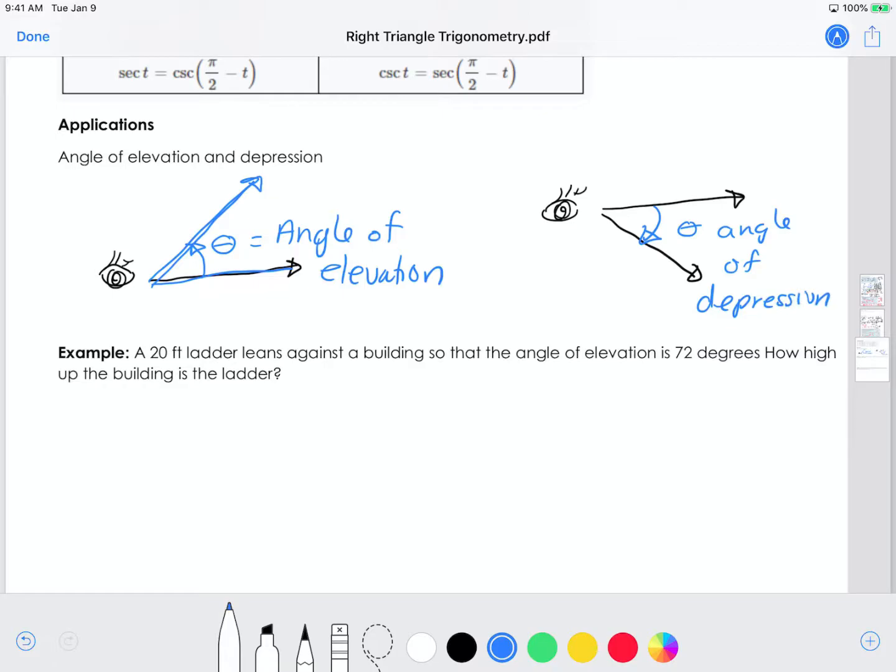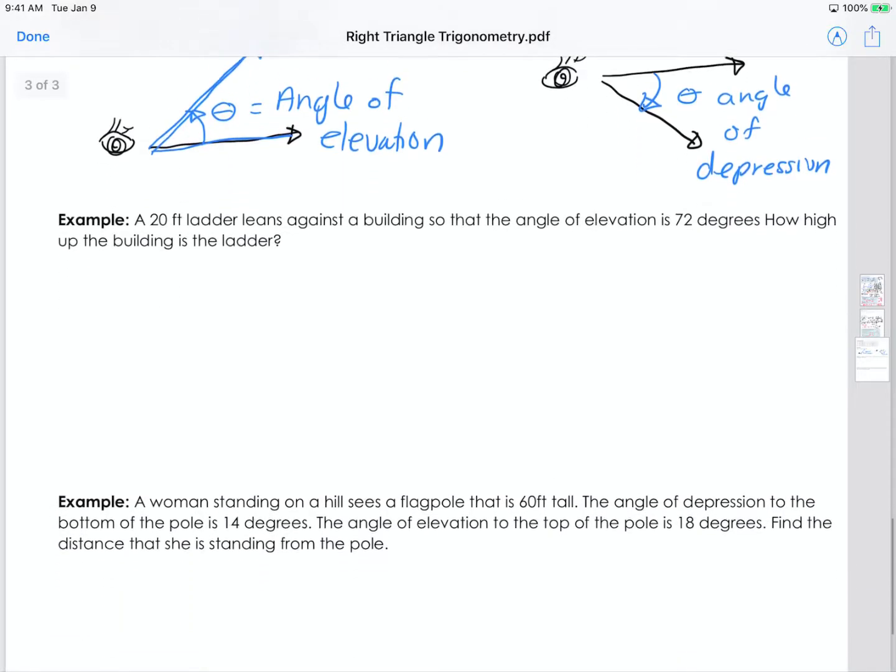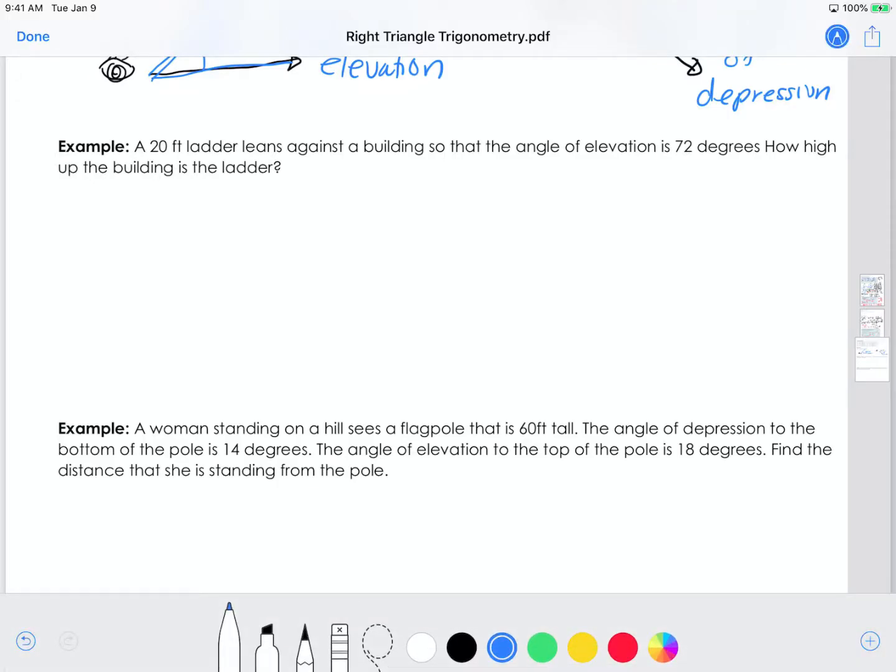Okay, so in the first example, it says a 20-foot ladder leans against a building so that it makes an angle of elevation of 72 degrees. How high up the building is the ladder? So if you imagine, I have a ladder here. Again, I'm sorry, I'm not a very good artist. And we have a building.